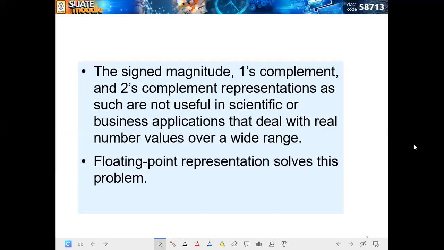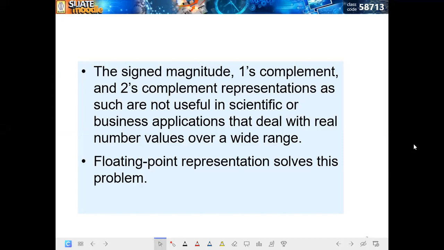The thing is, students, we can represent numbers, whether positive or negative, using three ways. One is sign magnitude, the other is 1's complement, and the other is 2's complement.